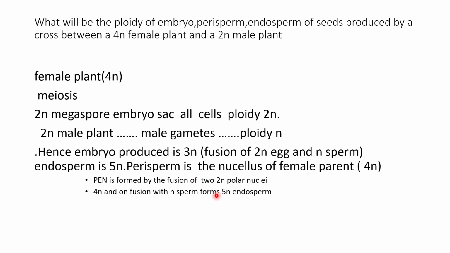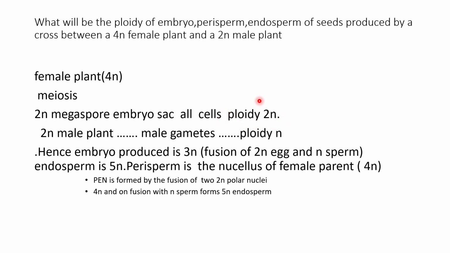I hope you understood. Let me just revise this sum again. The female plant is a tetraploid. The male plant is a diploid. So after meiosis or reduction division, the chromosome number is going to get reduced to exactly half.